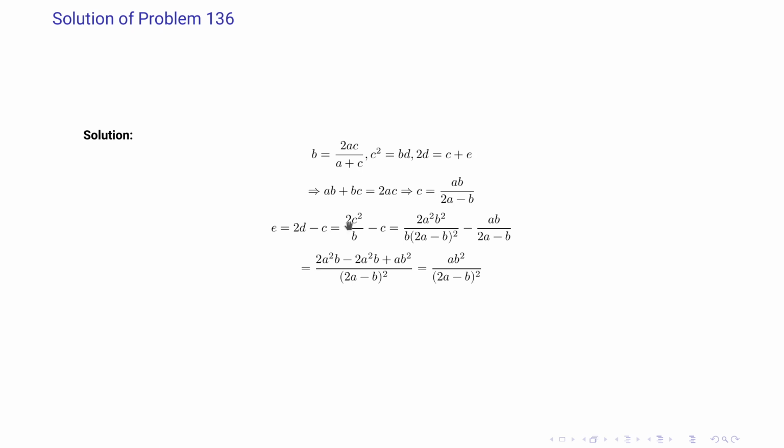So we substitute the value of d from here, we get 2c square by b minus c. Now we substitute the value of c from here, we get this as 2 into a square b square by b into (2a minus b) whole square minus ab by (2a minus b), and then we take LCM and solve it, we get ab square by (2a minus b) whole square.